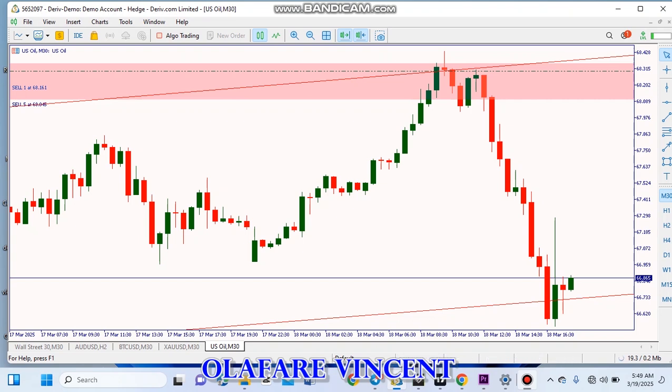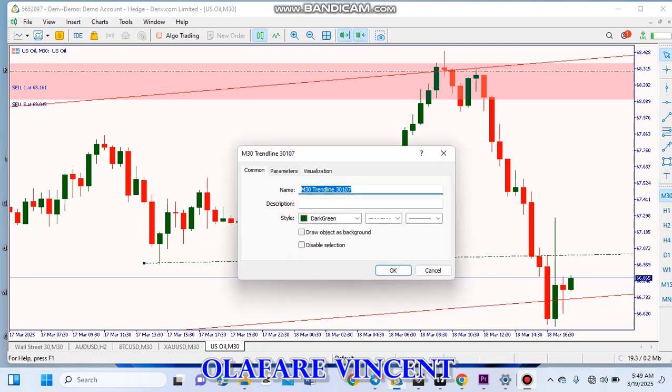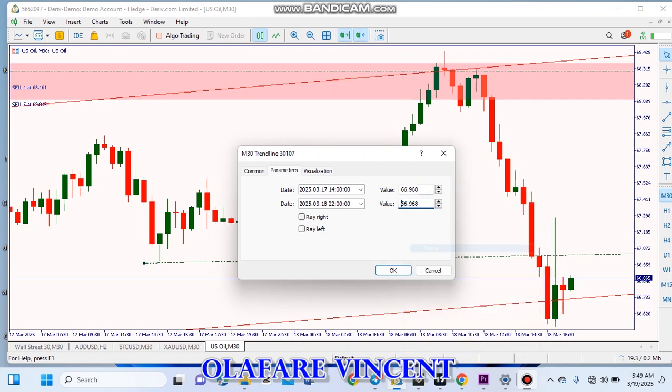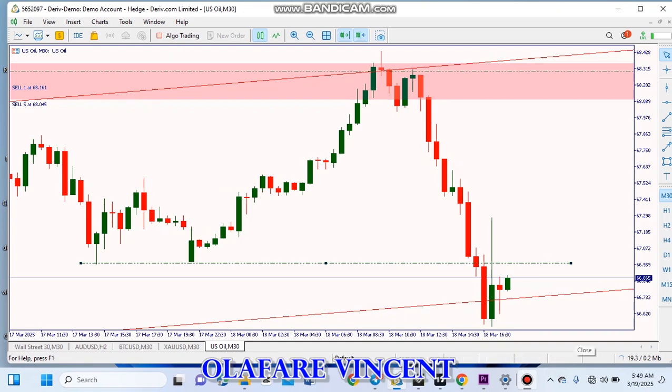Then on this place, we have a fair value gap, then we have liquidity there, which we are expecting the market to come and take out from this place. We expected it to come and take it out, which the market really did. It came down to this point. Then we are now seeing market reaction on this zone.